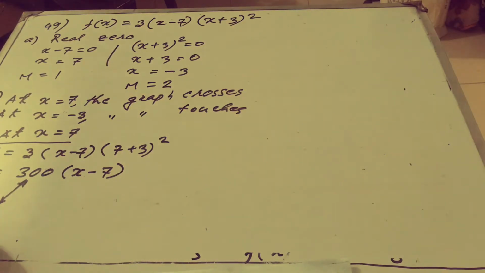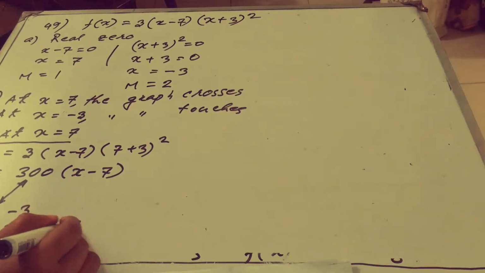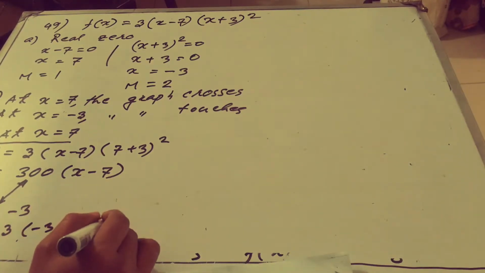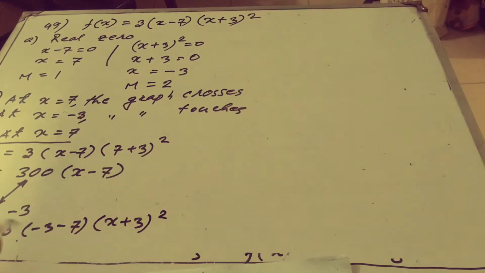Then at x equals minus 3, what happens? We have to put minus 3 in the function. So f(x) equals 3 times (minus 3 minus 7) times (x plus 3) whole squared. Minus 3 and minus 7 becomes minus 10, and minus 10 times 3 is minus 30.